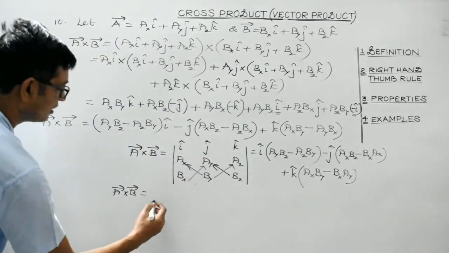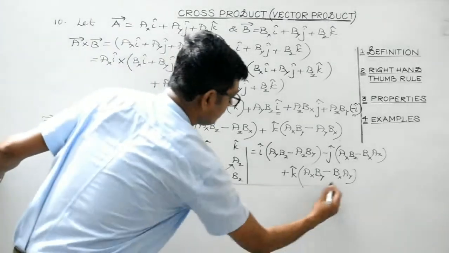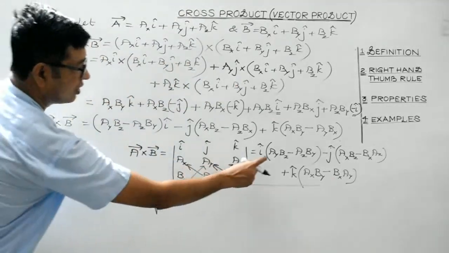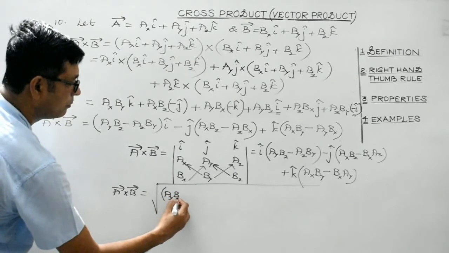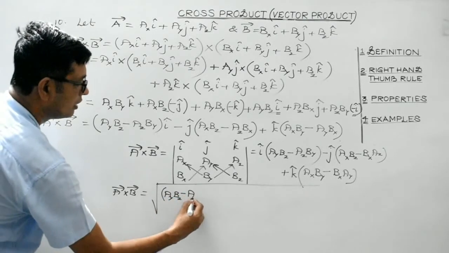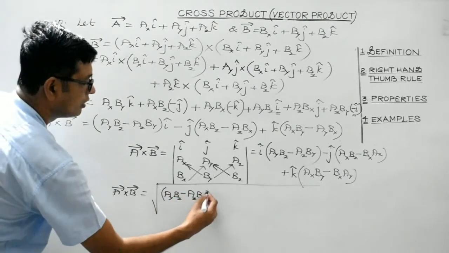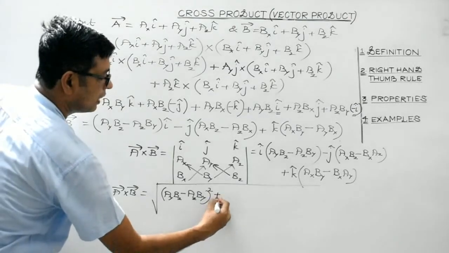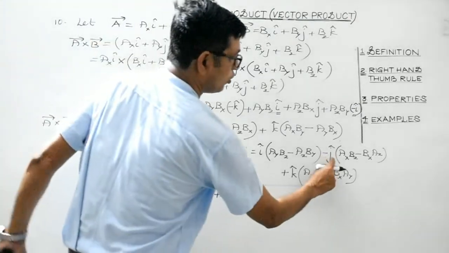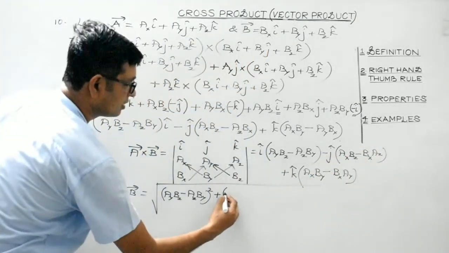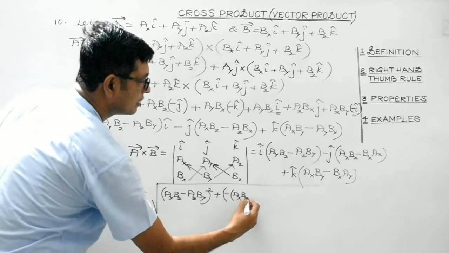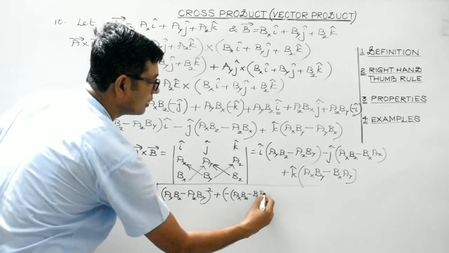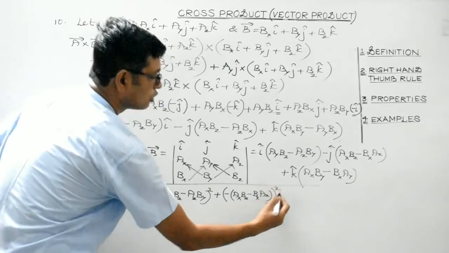So here, it will be equal to the square root of the coefficient of i cap, that is (AYBZ minus AZBY) squared, plus the coefficient of j cap, that is minus (AXBZ minus BXAZ) whole squared.